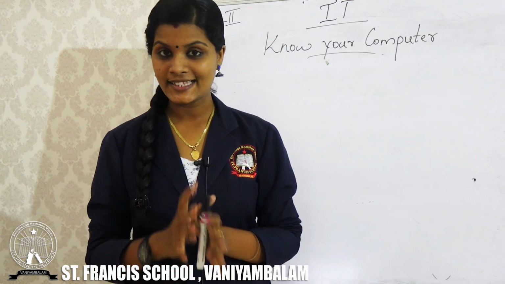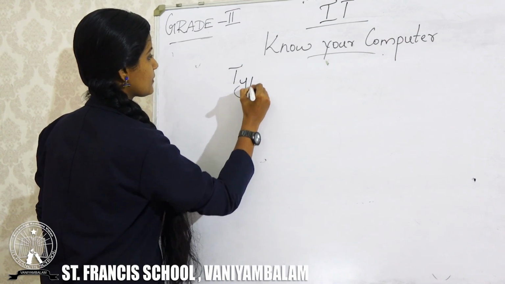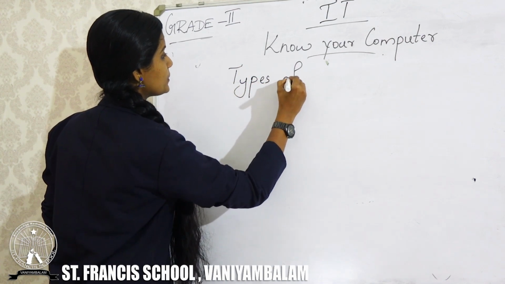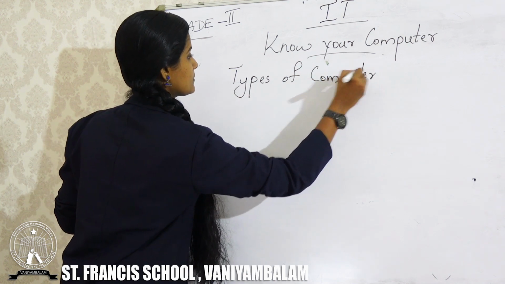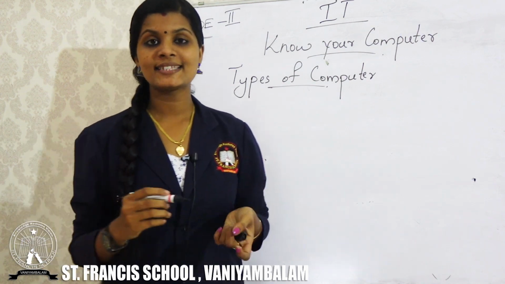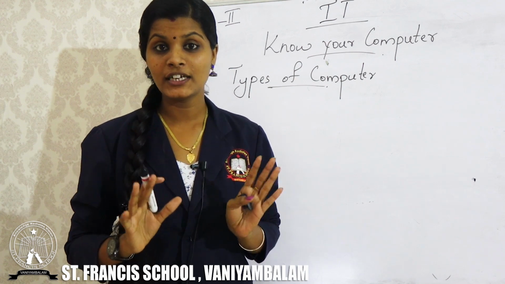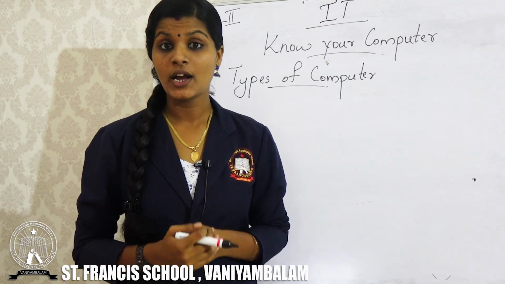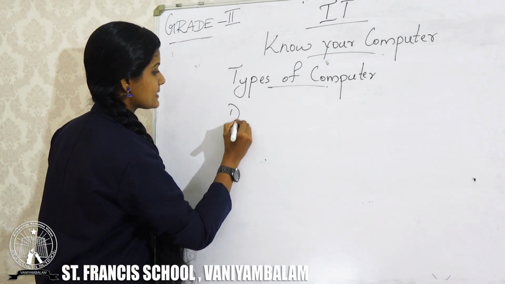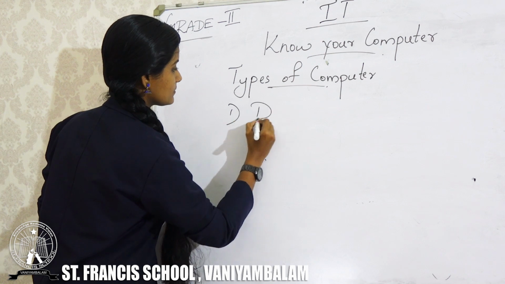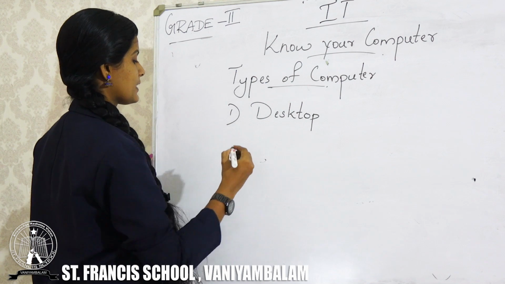Now we are moving to the next part, and our next part is types of computer. So children, our next topic is types of computer. There are different kinds of computer. Now we are going to study each and every one. The first one is desktop.